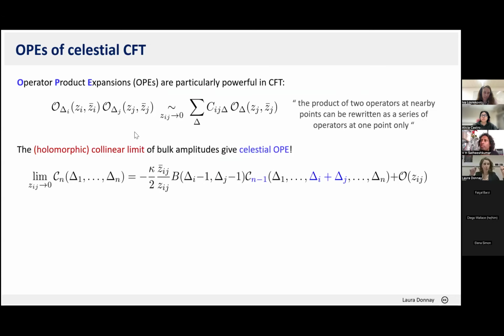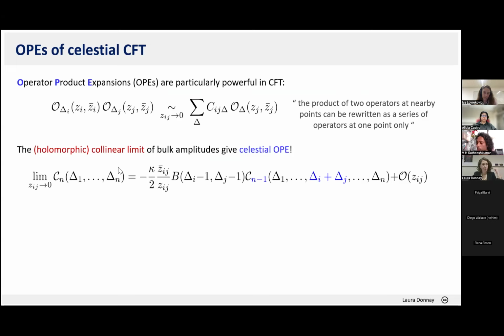It has this 1 over Zij to the power 2 or to the power 4 and so on. So it's a very natural thing to have from a 2D CFT perspective, and this can only be seen by going to complexified momenta. And this is the reason why in this context it is particularly a good idea.